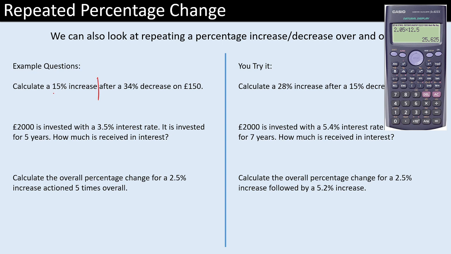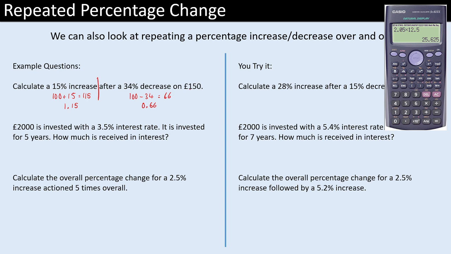So a 15% increase is going to be 100 plus 15, 115, divided by 100 gives me 1.15. And then I've got a 34% decrease, so 100 take 34, which is 66. So it's going to be 0.66.